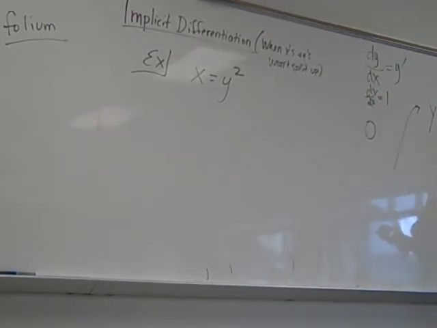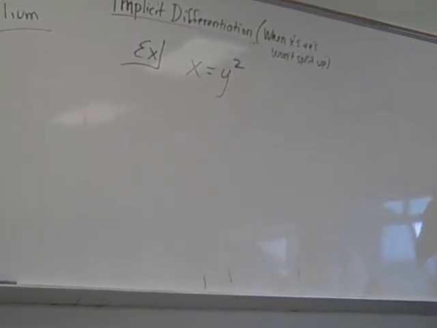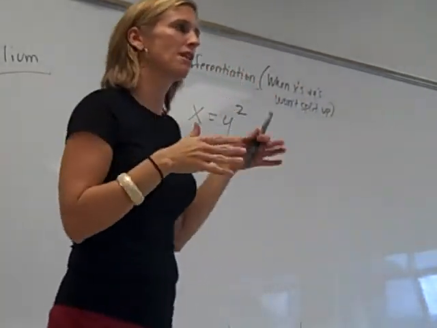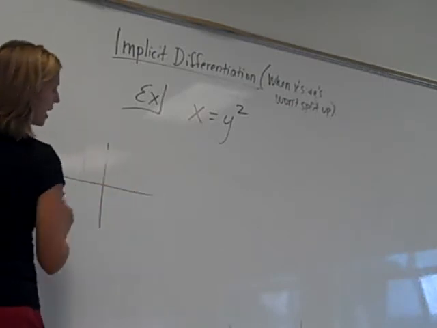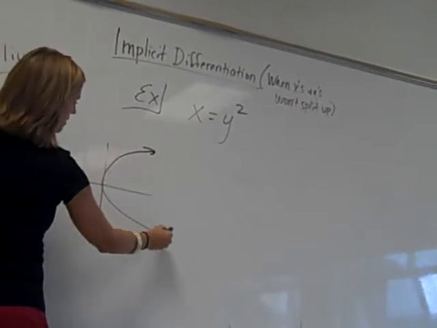Because I could solve that for y, and y equals the square root of x, plus or minus. But it's a little simpler like this, because it doesn't have the plus-minus thing going on. What does that look like? A sideways parabola. Instead of y equals x squared, which is a regular parabola, x equals y squared is this.